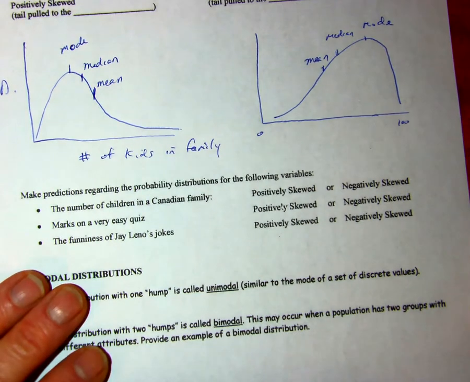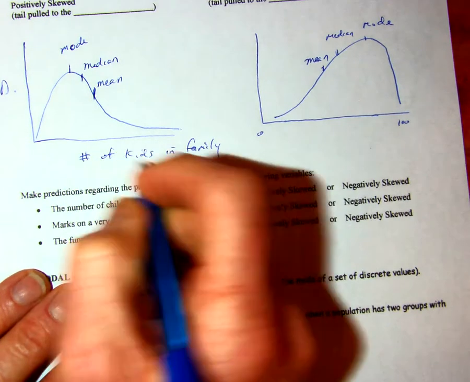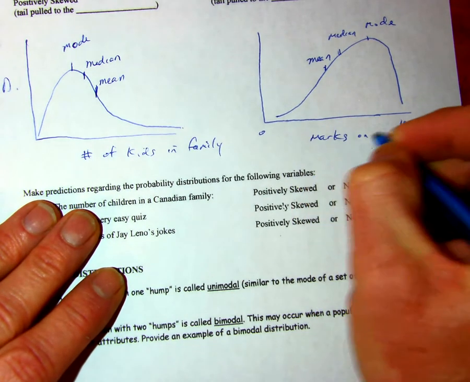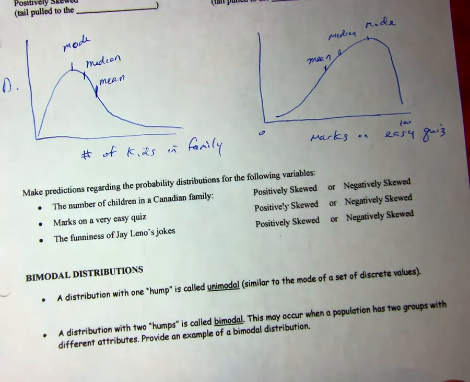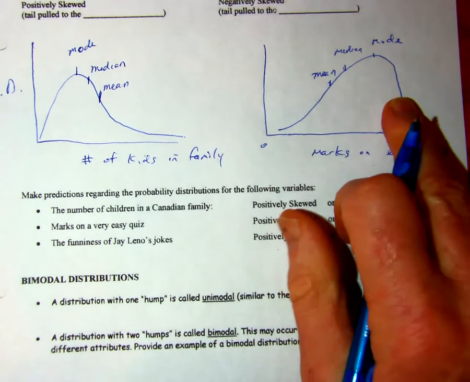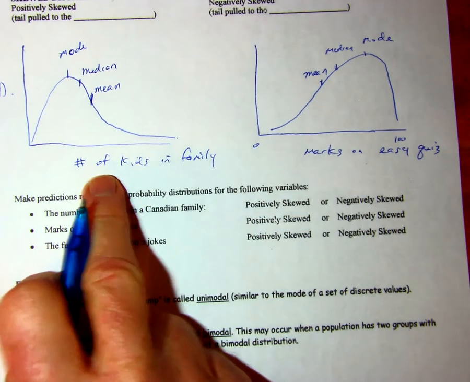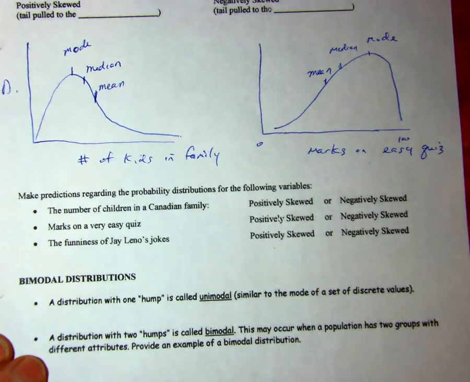So for these ones here, this is the marks on an easy quiz. You would expect a lot of high marks and a few people that bombed it, but most people did well. And then number of kids in a family, most people have a low number of kids, but few families have a high number of kids.